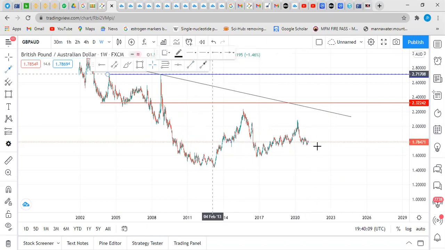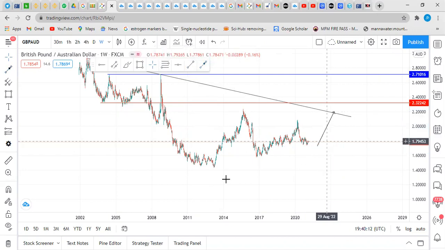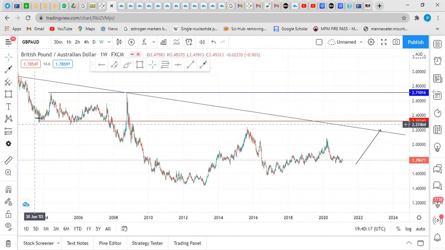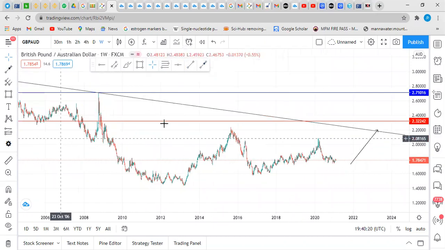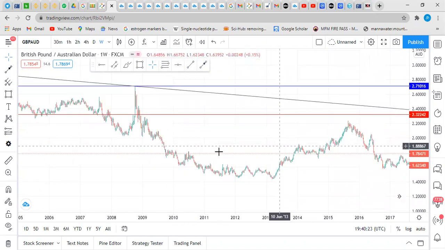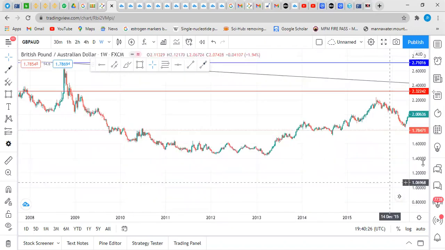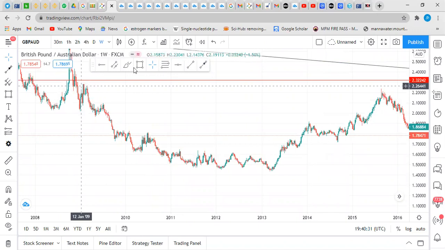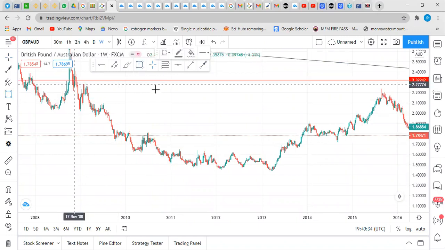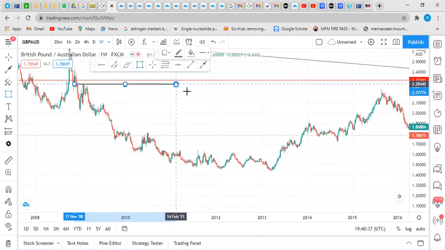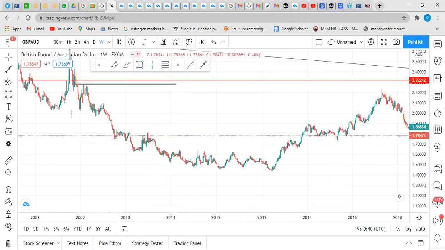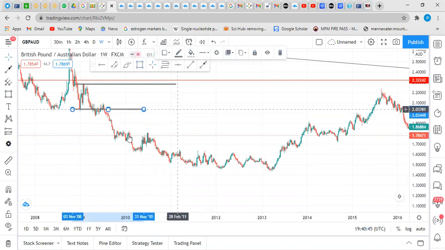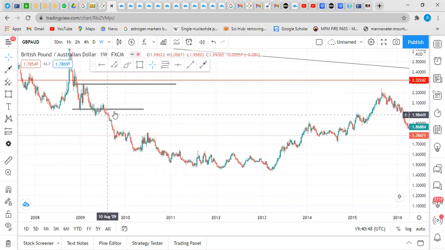So we can see this bigger picture on the daily time frame. So now let's analyze what is going on now. So after the breakout from this red line, which is my support, what happened? Let's see what happened. So after the breakout, we have a high here. High here. And we have the low here. So we are looking for a new high after the breakout from this support zone.